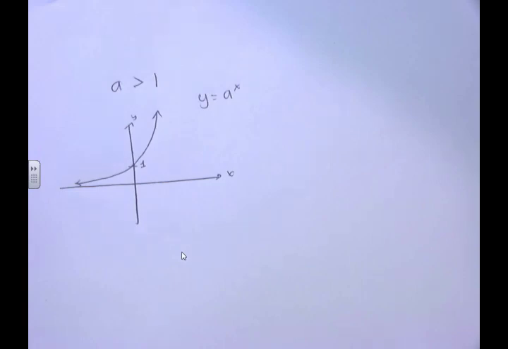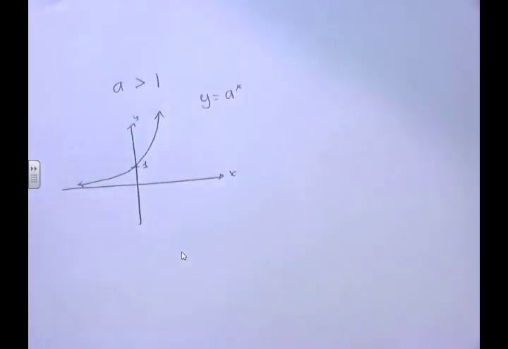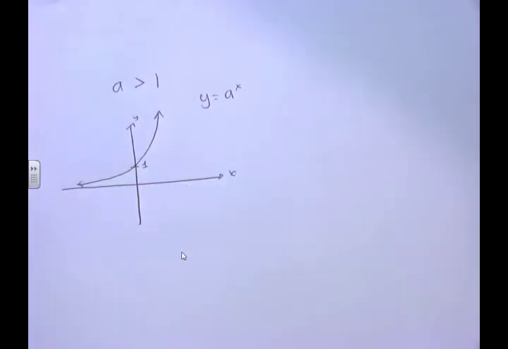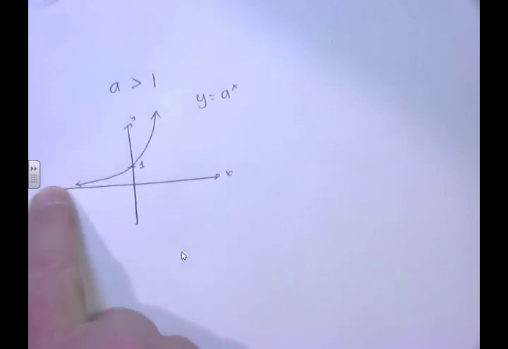We call this an exponential growth graph because as x gets bigger, y gets exponentially bigger. But as x goes negative, this thing horizontals out to 0. There's an asymptote, a horizontal asymptote on the left. And so as x goes to negative infinity, the exponential graph actually goes down to 0.